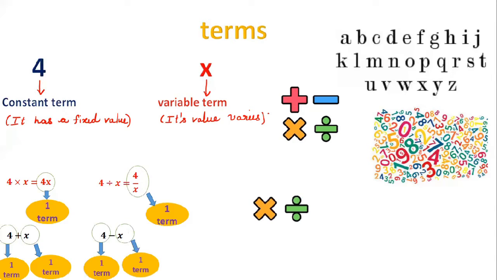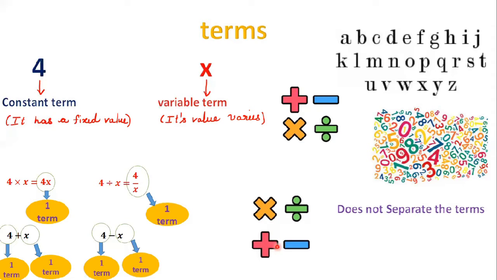So see here, multiplication and division do not separate the terms. See in the first two cases, 4x and 4 by x are considered as one term.